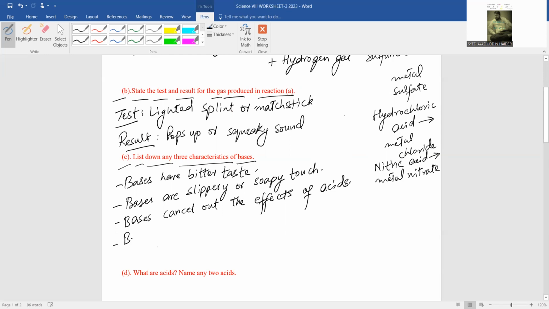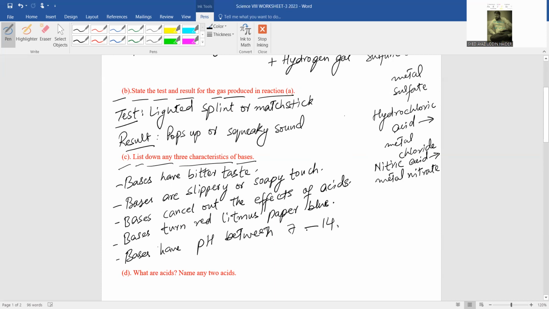Bases turn red litmus paper blue. Bases have pH between 7 to 14.